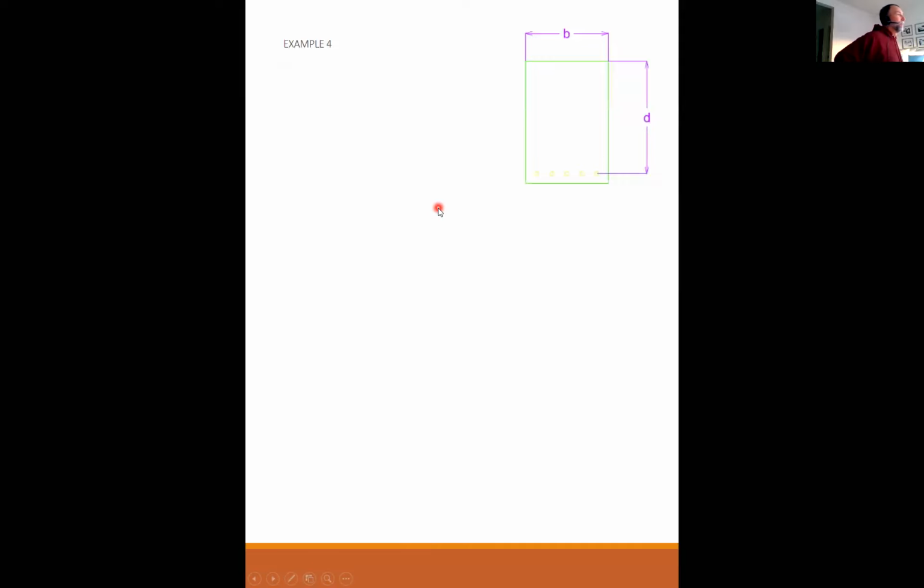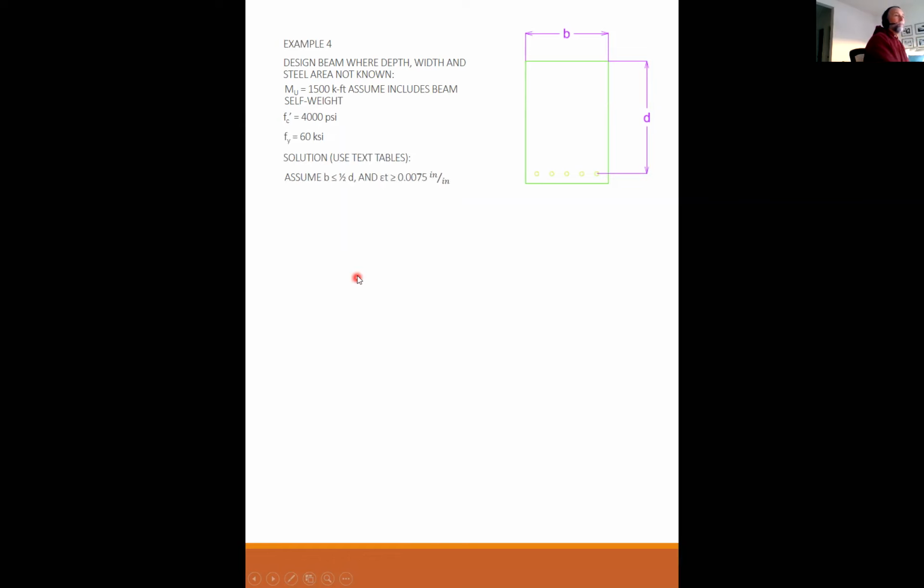Okay. Example number 4. Here we design a beam where the depth, the width, and the steel area are not known. This time the factored moment is 1500 kip feet. F prime C is 4000 psi and my steel is 60 ksi.